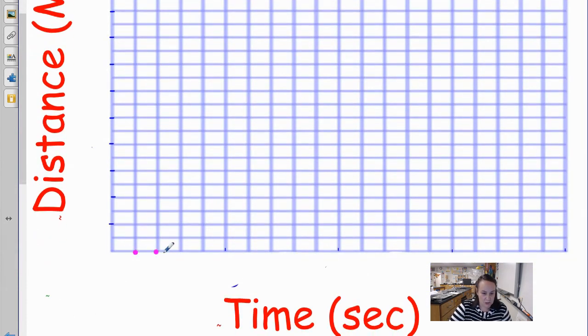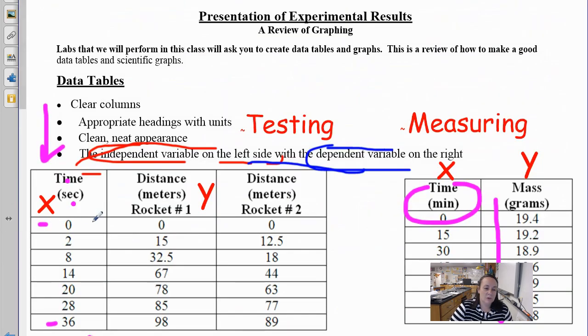So I have 1, 2, 3, 4, 6, 7, 8, 9, 10, 11, 12, 13, 14, 15, 16, 17, 18, 19, 20. So we need to go between 0 and 40, and we have 20 increments in order to do that.